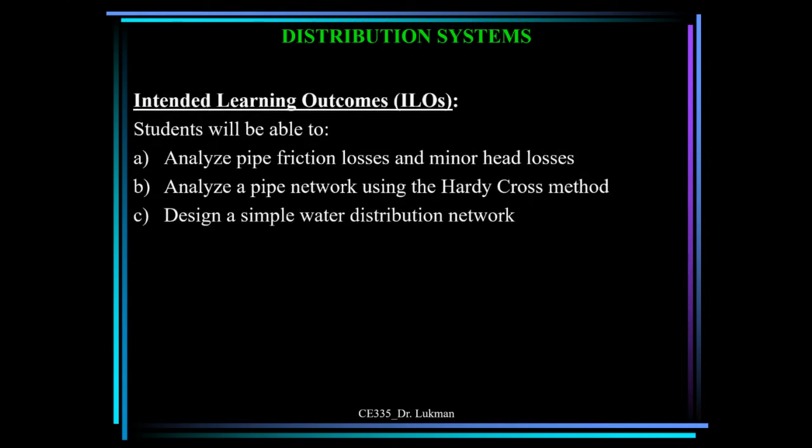The intended learning outcomes: students will be able to, at the end of the presentation, analyze pipe friction losses and minor head losses, analyze a pipe network using the Hardy Cross method, and design a simple water distribution network. Okay.